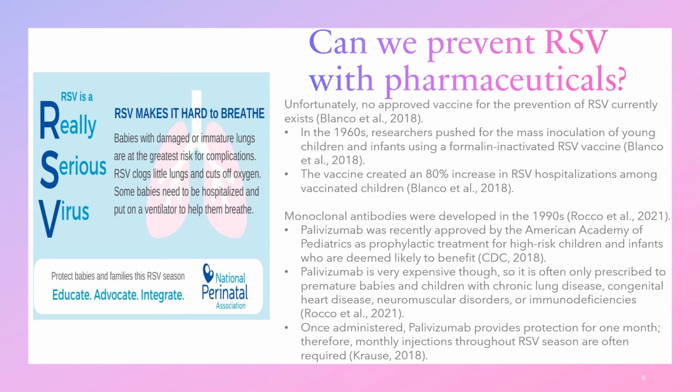Palivizumab is very expensive though, so it is often only prescribed to premature babies and children with chronic lung disease, congenital heart disease, neuromuscular disease, or immunodeficiencies. Once administered, palivizumab provides protection for 1 month. Therefore, monthly injections throughout RSV season are often required.